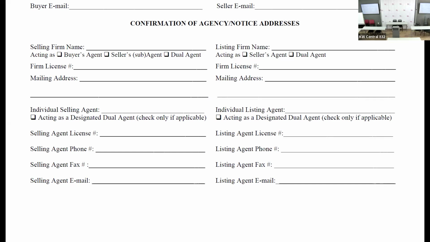I've got a situation like that right now. You're exactly right. The agent initialed at allows the firm to practice as a dual agent. The other one allows the firm to practice as a dual agent and designated, which means I had to go back to this one and say you need to have them initial at designated.